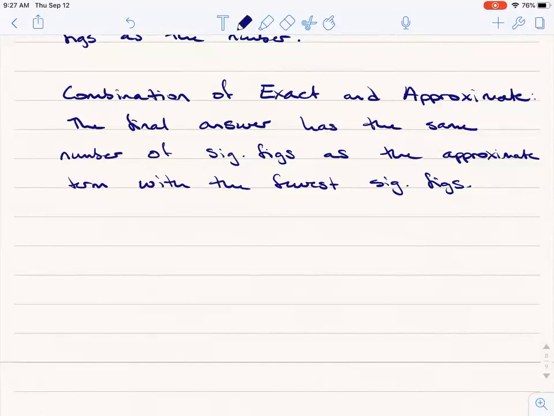But of course, I'll try to stick to the rules. But then there'll be 3 sig figs.